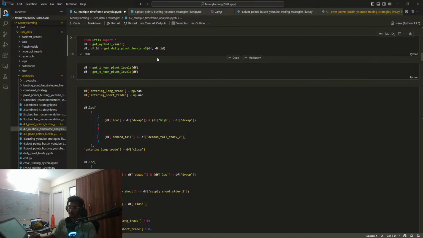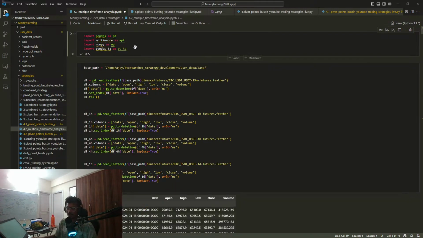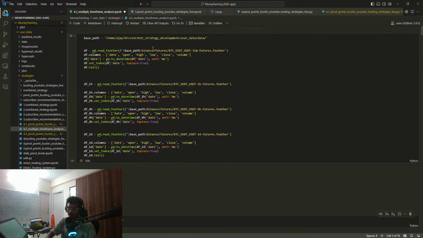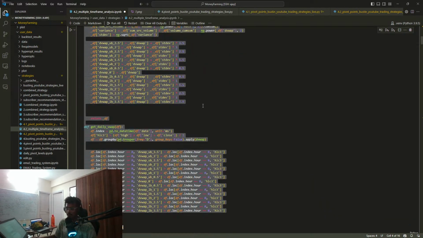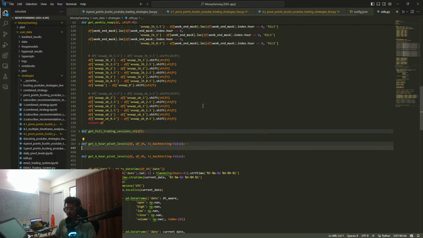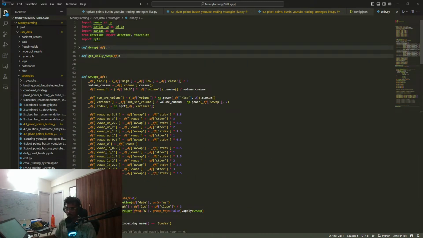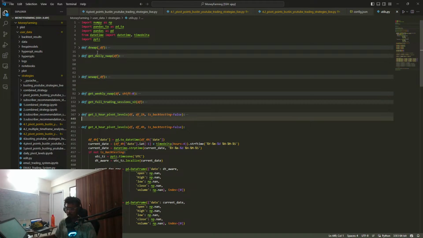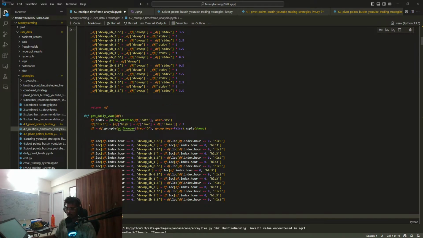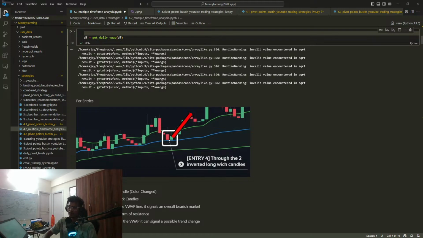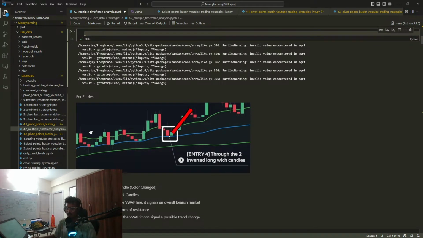So let's start from the beginning. I think this we don't need, that, we need that. I think we moved this function right there, right? Weekly, daily VWAP. Yeah, I think we did. So we just need this.